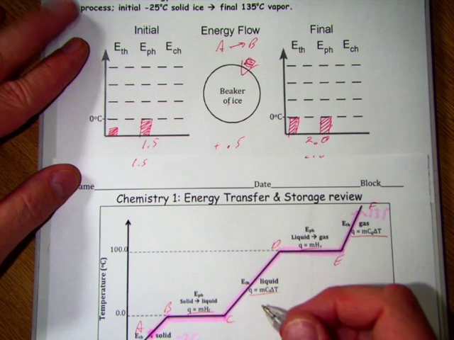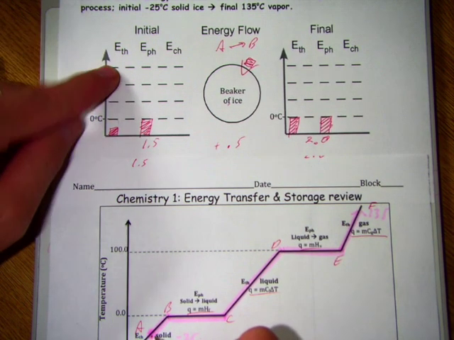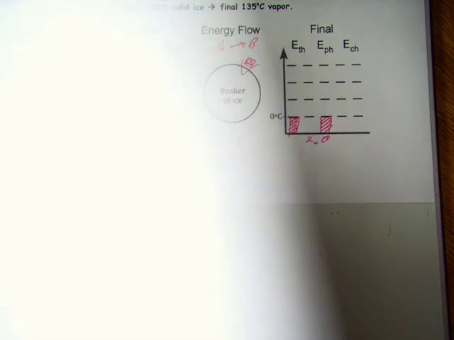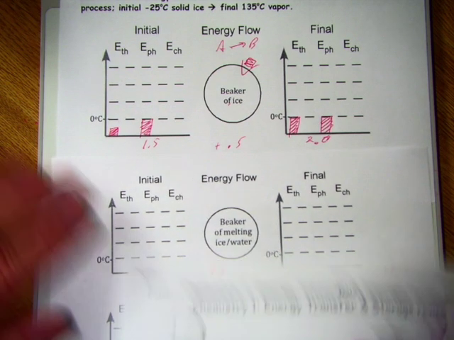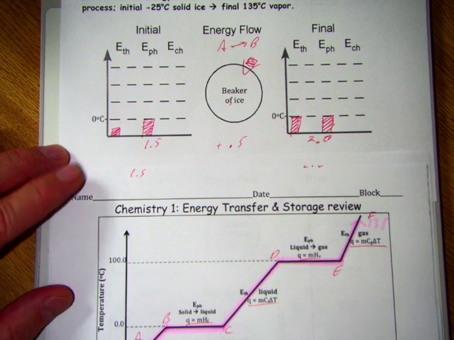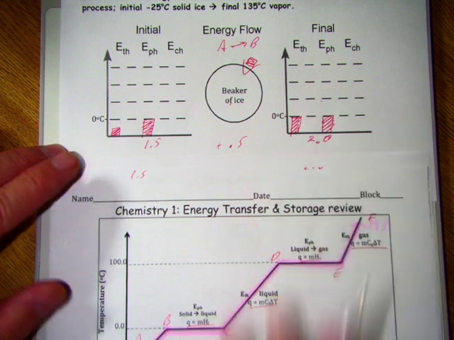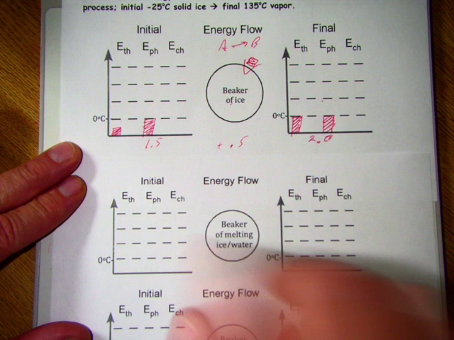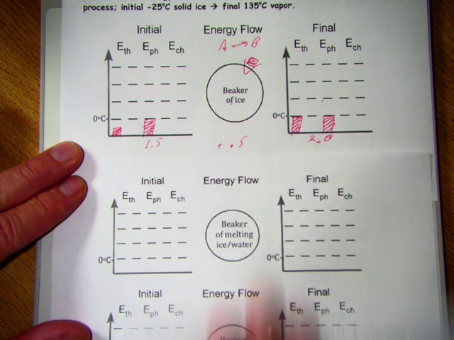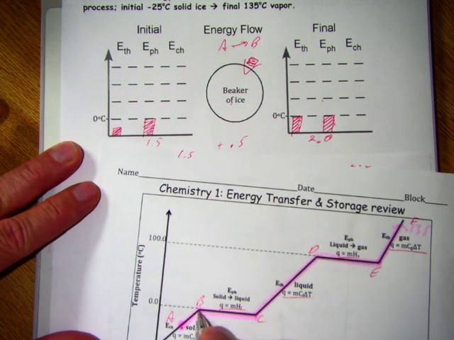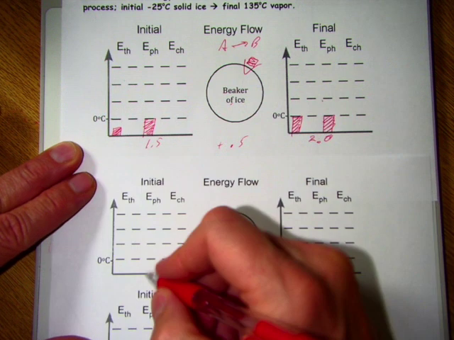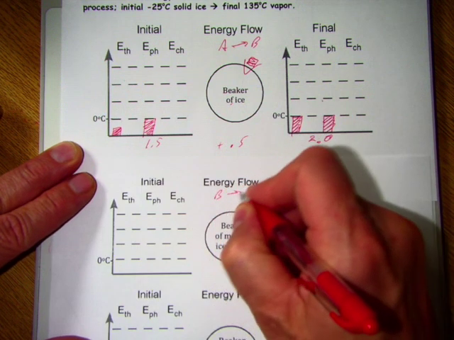Now the key point of this is that we went from A to B. In the second LOL chart, we're going from B to C. So if we ended with B and start with B on the next one, that means that these should always be the same. So B starts as a 0-degree solid and ends as a 0-degree liquid. Remember, it's melting from start till it's completely melted at C. So this is our B to C region.